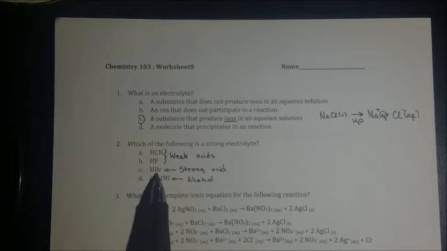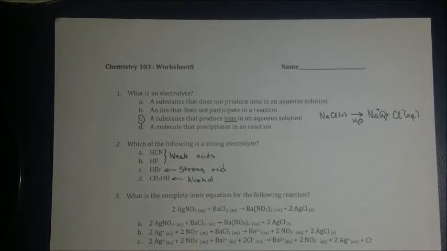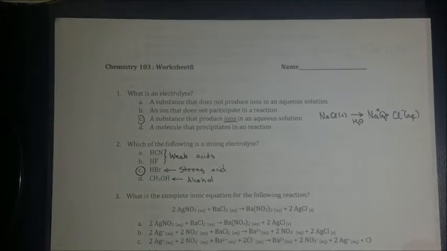But if a large portion of the HBr dissociates into H+ and Br-, then that's going to constitute a strong acid, and therefore a strong electrolyte. So we're going to produce lots and lots of ions when HBr dissolves in water. So therefore, number 2 is also C.